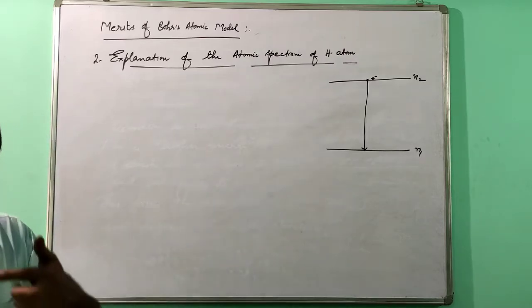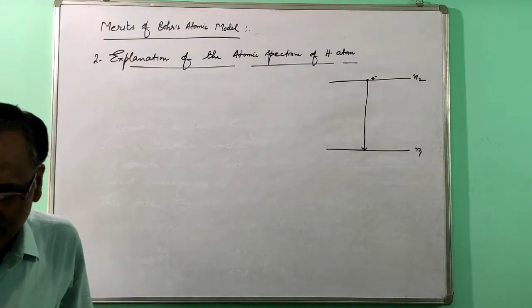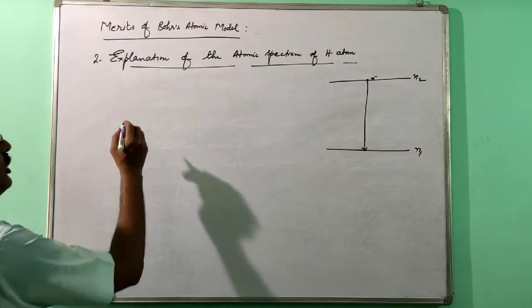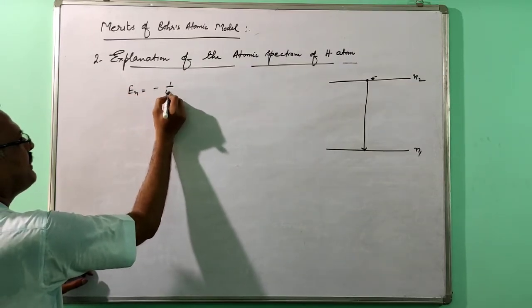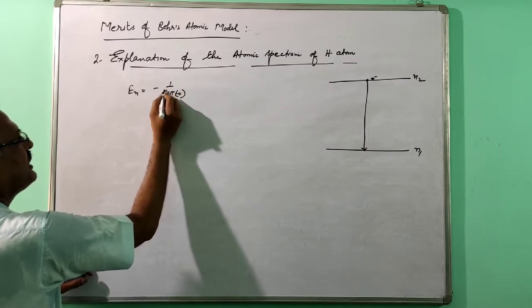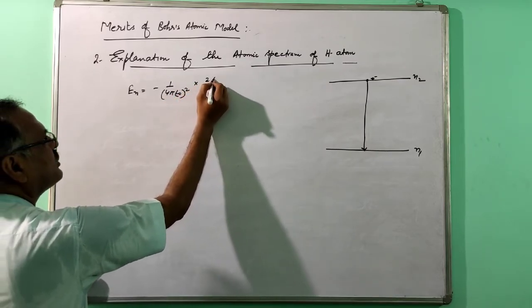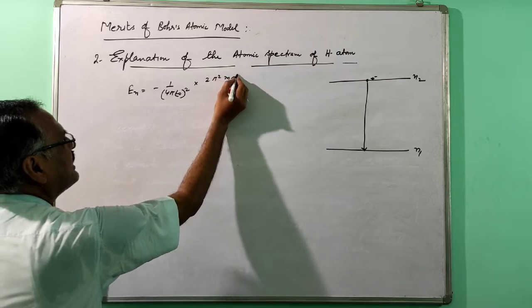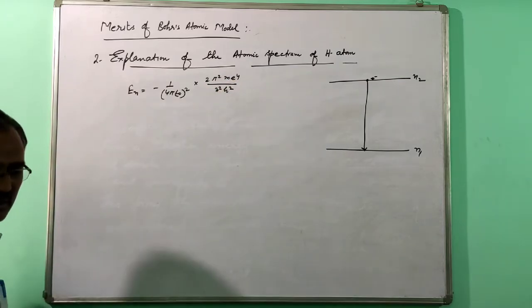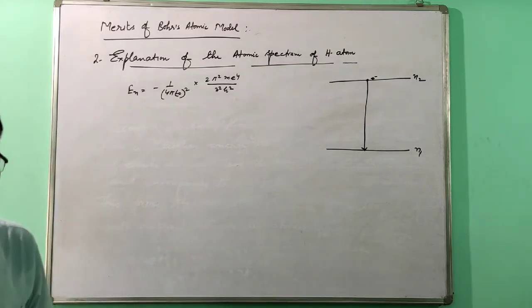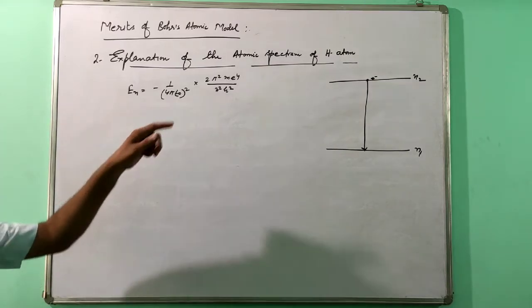You studied that the energy of an electron in the nth orbit is En equals minus 1 upon 4 pi epsilon naught whole square into 2 pi square m e to the power 4 upon n square h square.